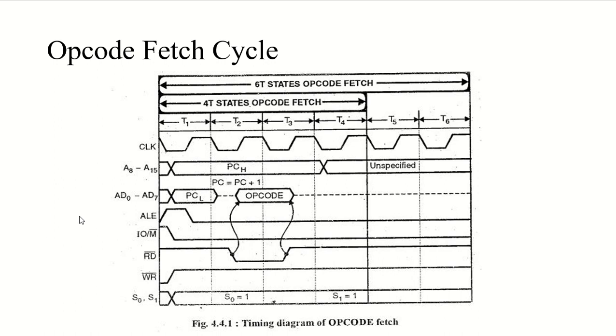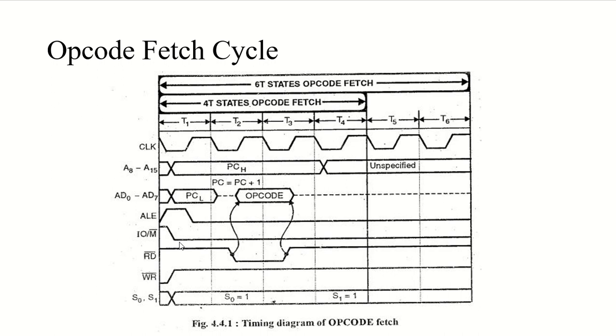So these total three signals will be activated. First, IO/M will become 0. Initially it is 1, it will become 0 in the first T state. Sorry, S0 and S1 both will become 1. Apologies, S0 and S1 both will become 1, and IO/M will go from 1 to 0. Okay.